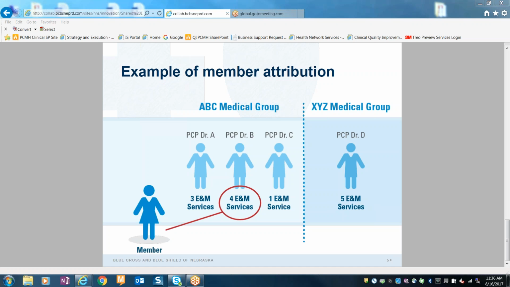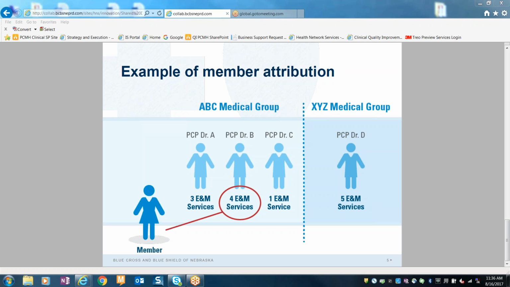Looks like another question has come through from Columbus Family Practice. It says, on Treo, does the all member list include who the members are attributed to within our clinics? Yeah, so if you pull open that all member list, which is in the population pane on the right side of the dashboard, there's all types of great information related to all of your attributed members.